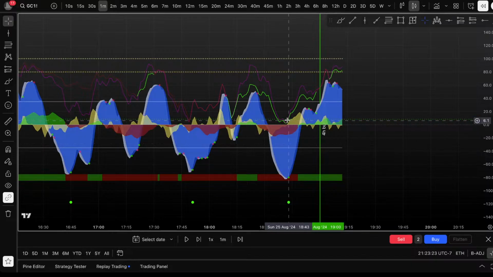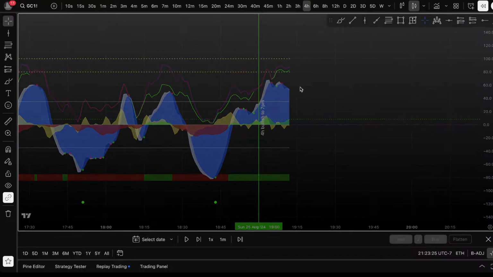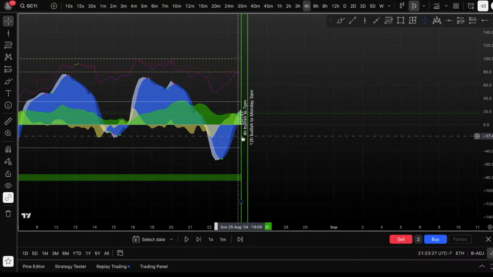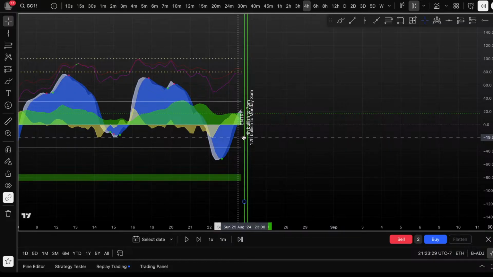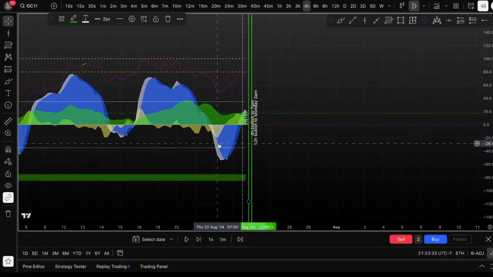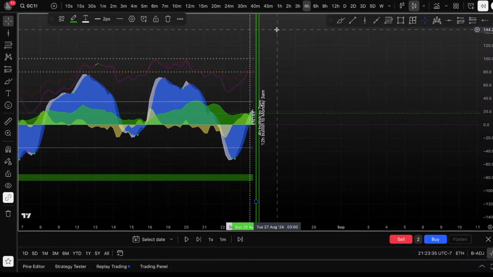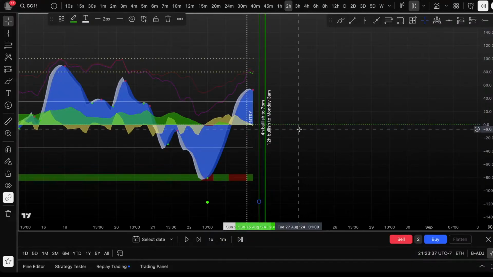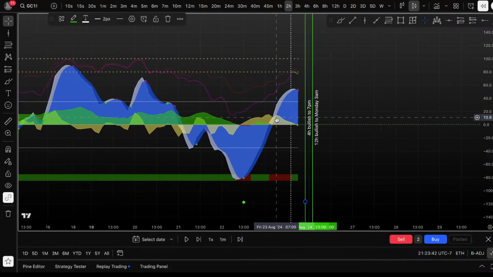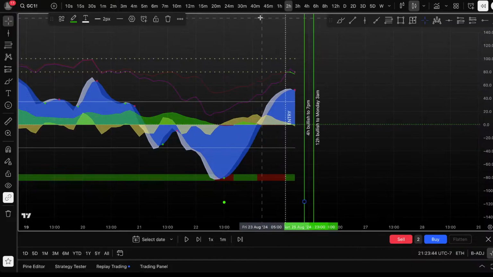Okay, let's check on that 4 hour. Four hours still bullish. We're going to look for another entry.